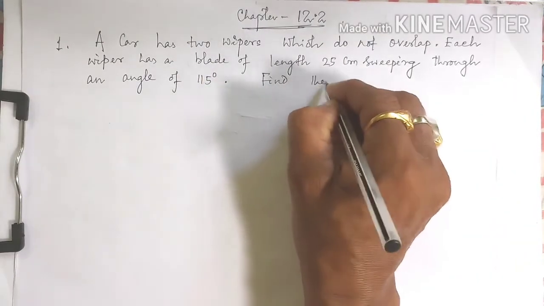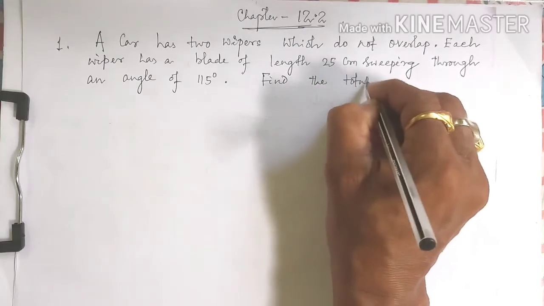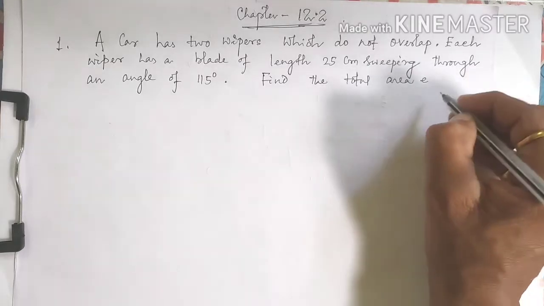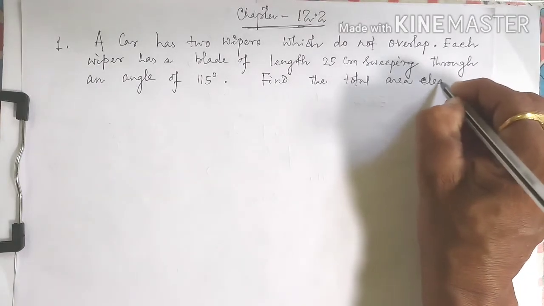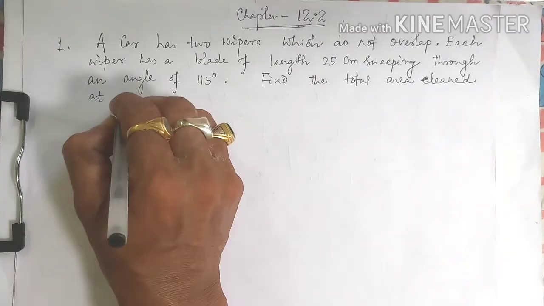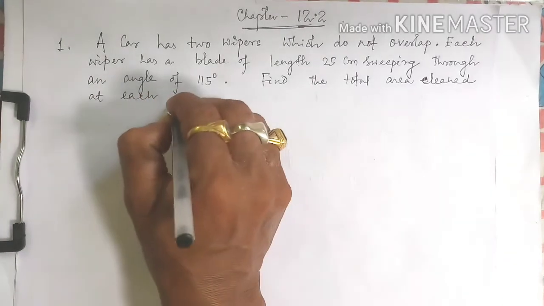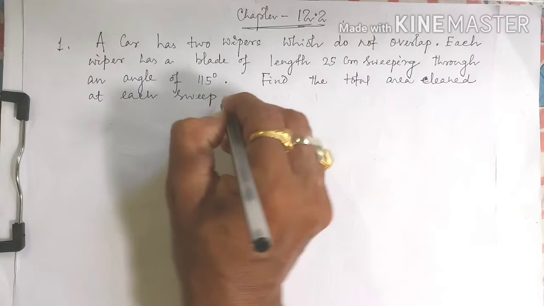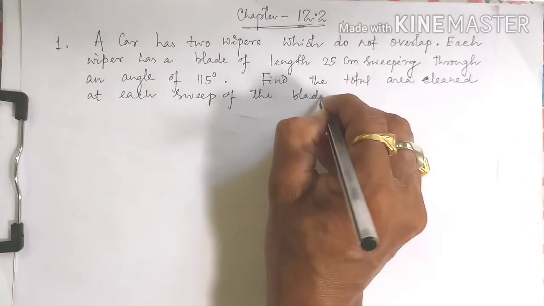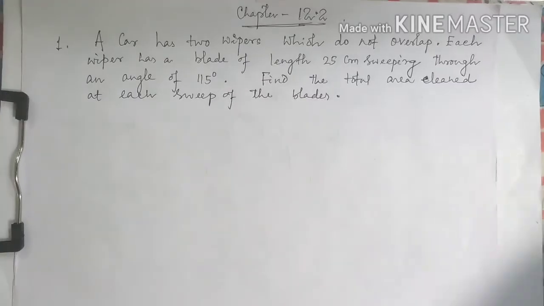Find the total area cleaned at each sweep of the blades. So here is the question that you have to calculate.